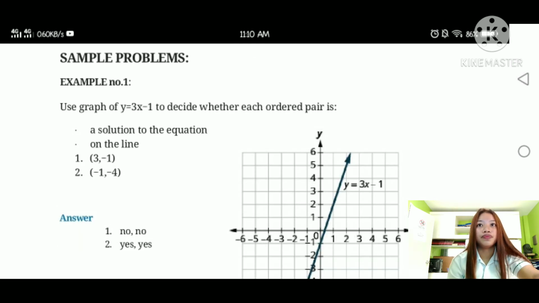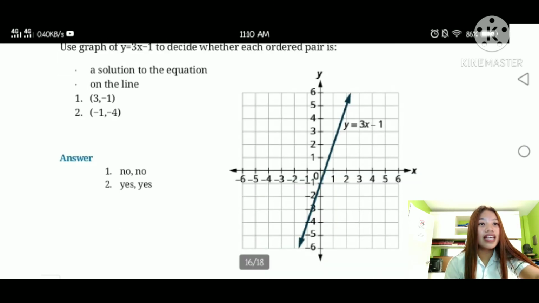For example, use the graph of y equals 3x minus 1 to decide whether each ordered pair is a solution to the equation. For number 1, the 3 will be the x and the negative 1 will be the y. For number 2, negative 1 will be the x and negative 4 will be the y. So look at the graph. Find positive 3 on the x-axis: 1, 2, 3.